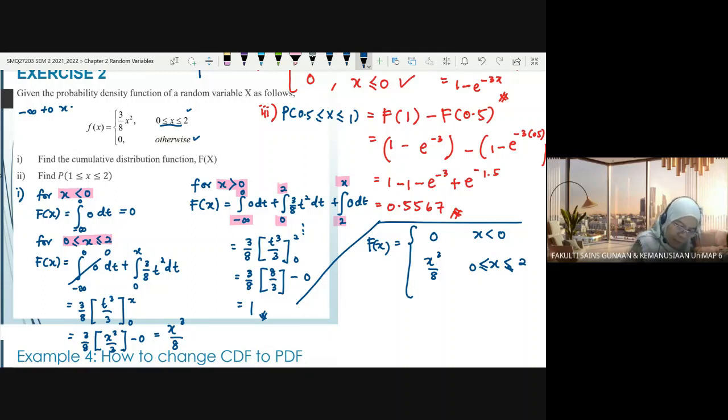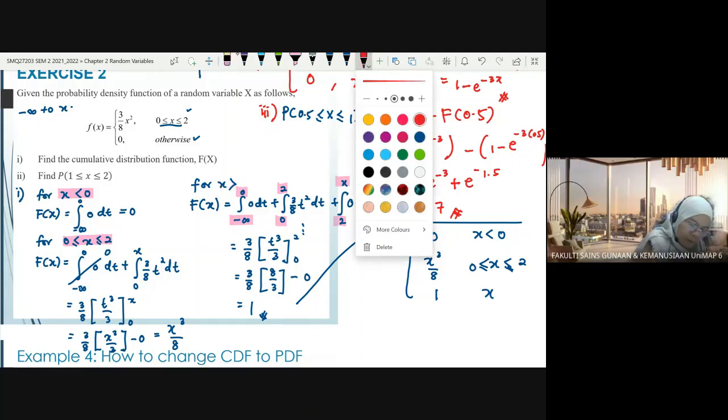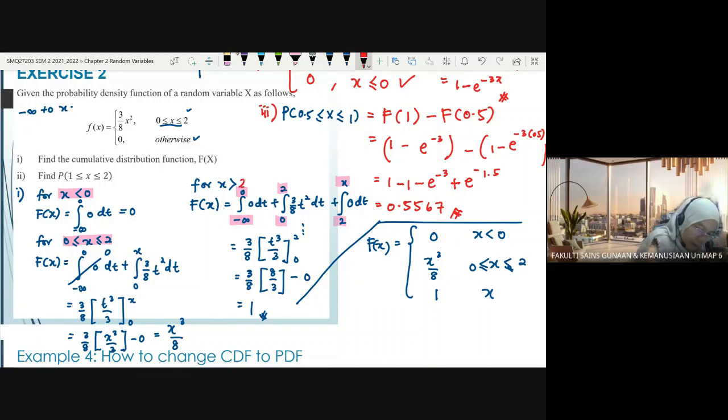And the last part is 1 for x greater than, is it x greater than 2 or x greater than 1? Sorry, class, here it is greater than 2. The one mistake would be, since we stop at 2, that's why we take x greater than 2. So x greater than 2.